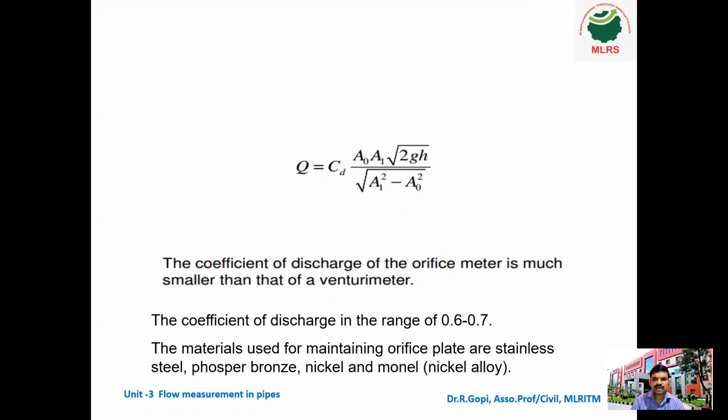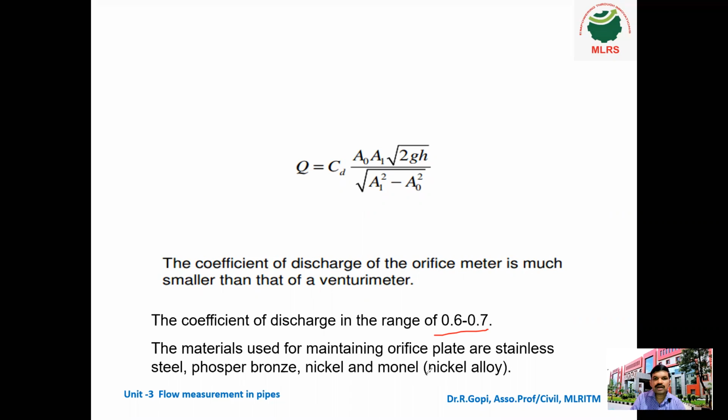A1 is the same as we saw in the Venturi meter, the area of the inlet pipe. The coefficient of discharge of the orifice meter is much smaller than that of the Venturi meter. For the Venturi meter the coefficient of discharge is 0.98, but in the case of the orifice meter, it is in the range of 0.6 to 0.7.